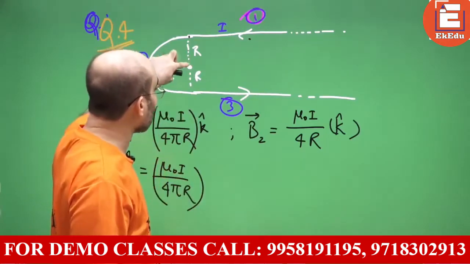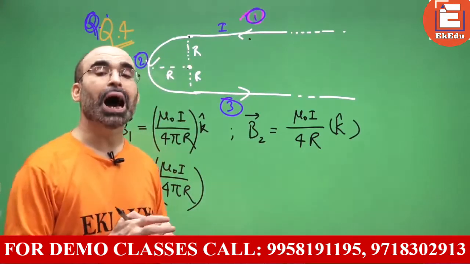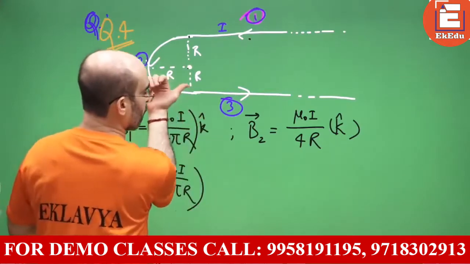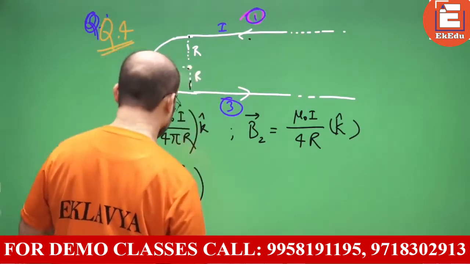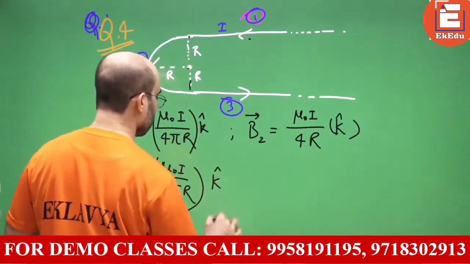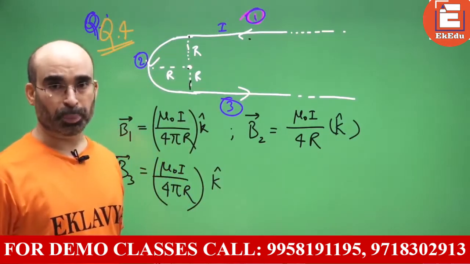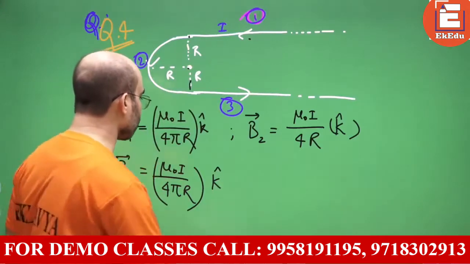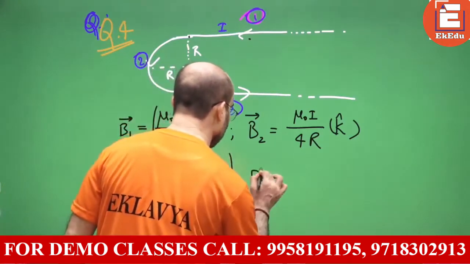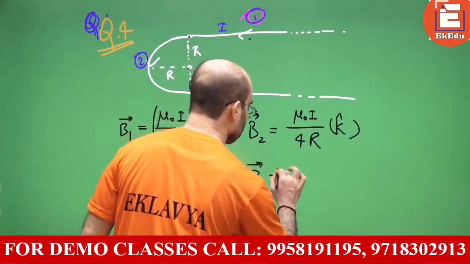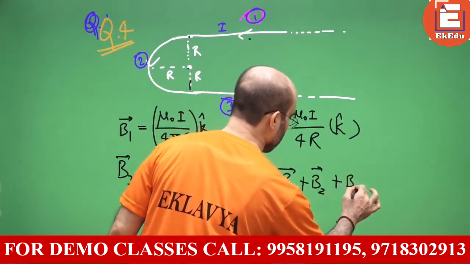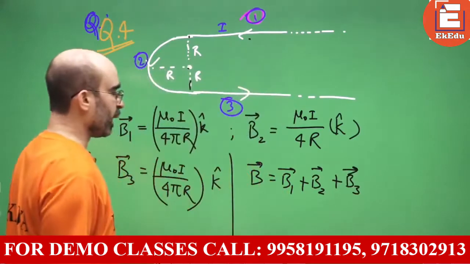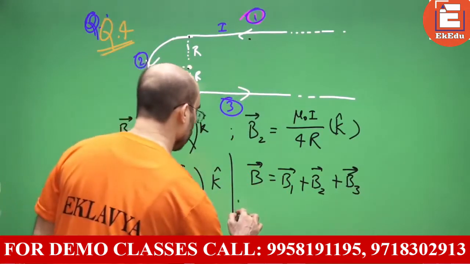So magnetic field at this point P will be outward, right? Here current is flowing in this direction, and here we need to find the magnetic field. This is outward, so this will again be along the positive z-axis. Now we will add them all. B1 plus B2 plus B3. Okay, if we do that, see what comes up.